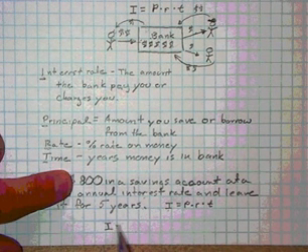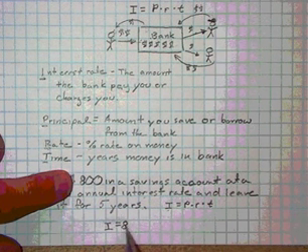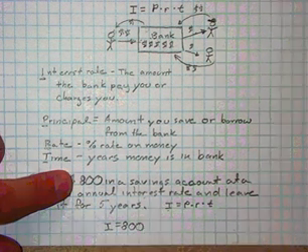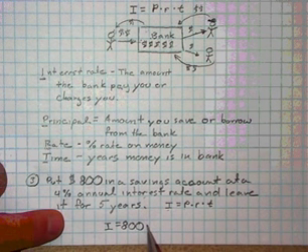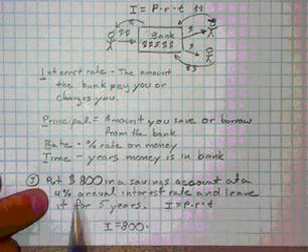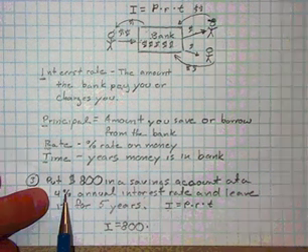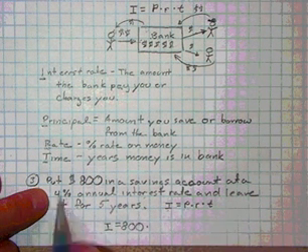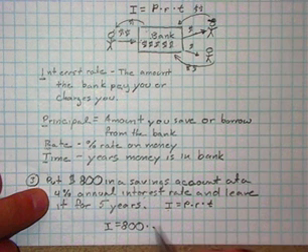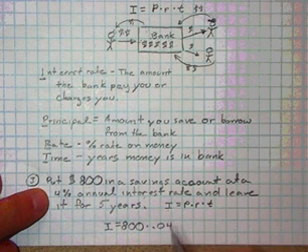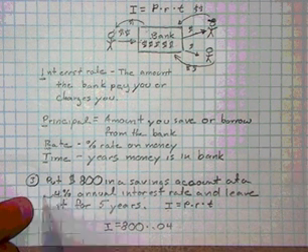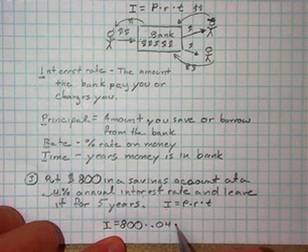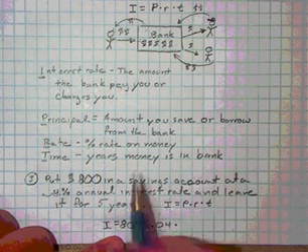So our interest is going to equal our $800 times the rate. The rate that it's being paid back is 4% annually. So every year it's 4%. Make 4% into a decimal, 0.04. Just move it over 2 places. And we multiply that by the number of years it was in there, which is 5.